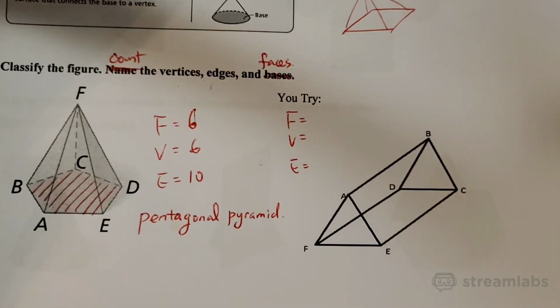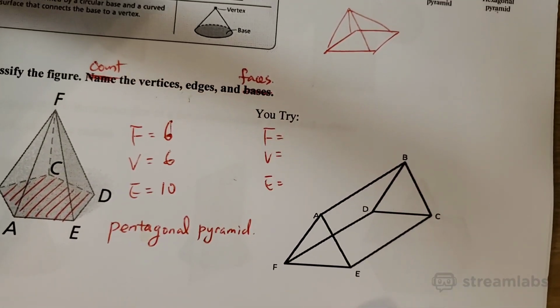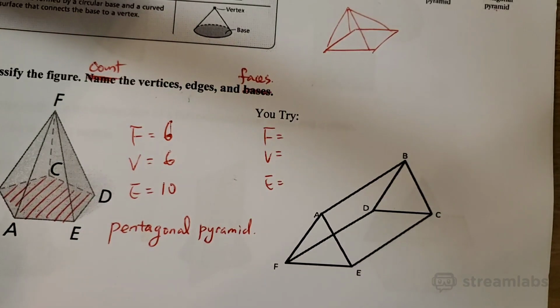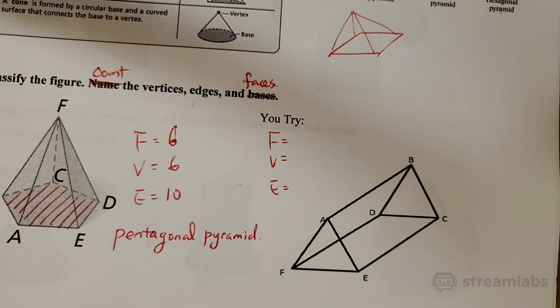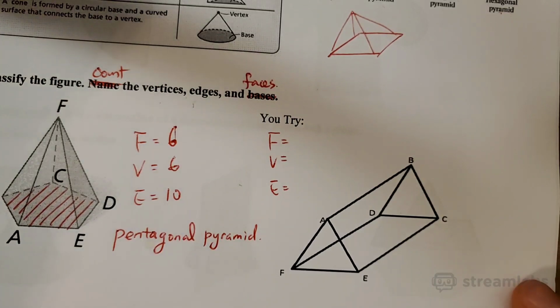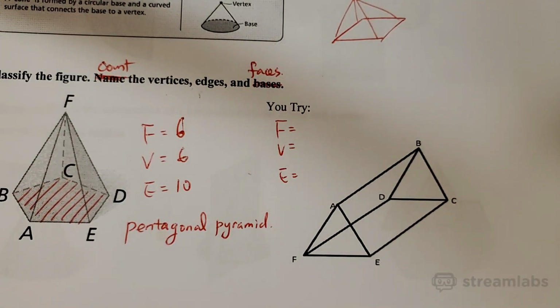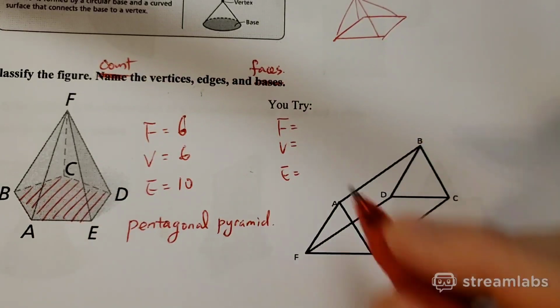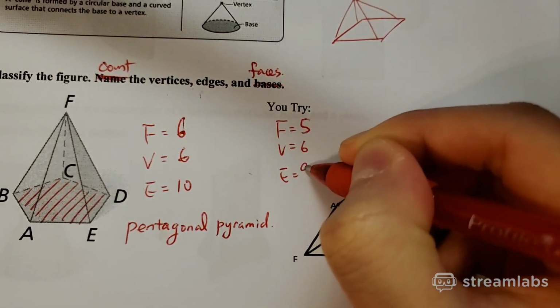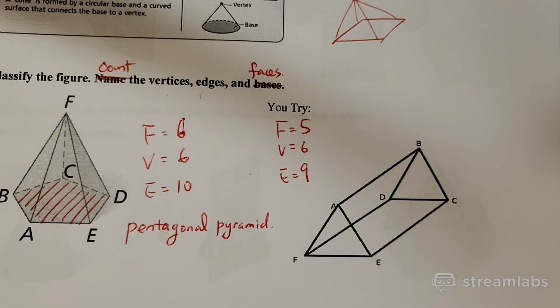What about the right side? What do we call this? Well, first of all, let's figure out the faces, vertices, and edges. Okay. Type it in once you get it. Five, 6, 9. Is that right? Some people say triangular pyramid.